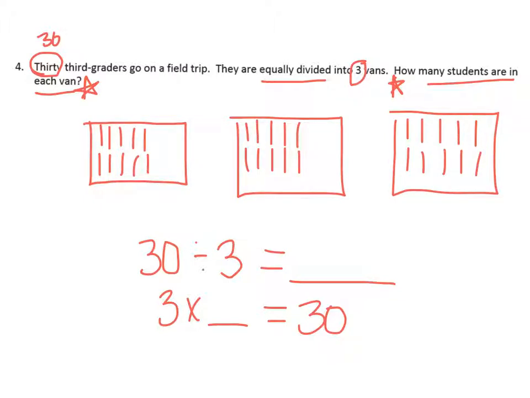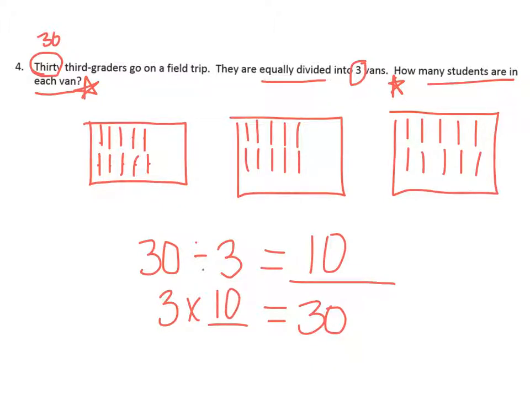So now I just need to count how many third graders I put in each box. There's 1, 2, 3, 4, 5, 6, 7, 8, 9, 10. There are 10 third graders in each van.